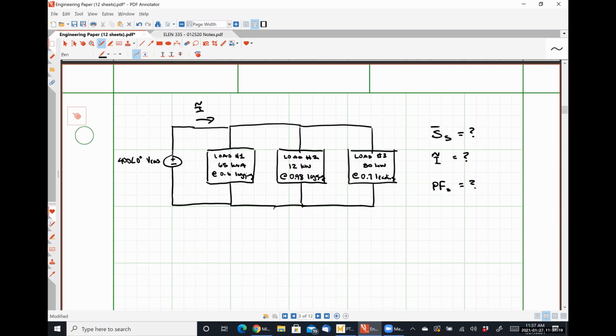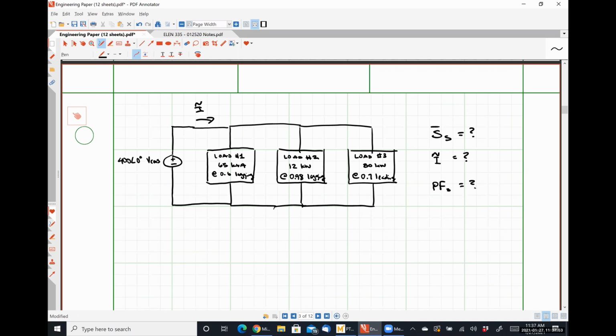Now my question to you guys is, is the sum of the complex power absorbed by all 3 loads the same as the complex power being supplied by the source? It has to be. If it isn't, we're violating the laws of physics, right? So if we can calculate the complex power for load 1, load 2, and load 3, we can calculate this quantity S sub S, the complex power being supplied by the source, and that will inherently also give us a means by which to calculate our power factor angle.